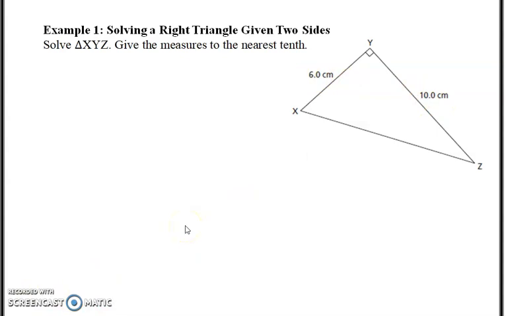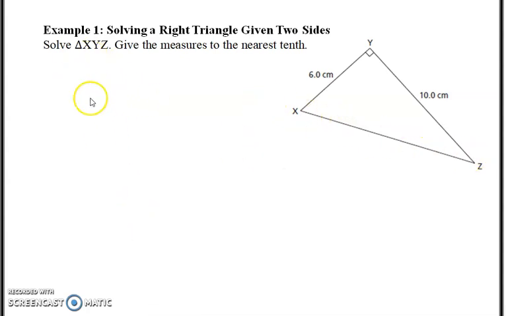So when you start this question, there's a couple ways you can approach it. When I look at this question, there are different methods to finding different sides and different angles. So because we have two sides in a right angle triangle, I think of the Pythagorean theorem right away. That's just me. Okay, so we can do that right now to determine the sides. So that's the approach I'm going to use at this point to get the hypotenuse here.